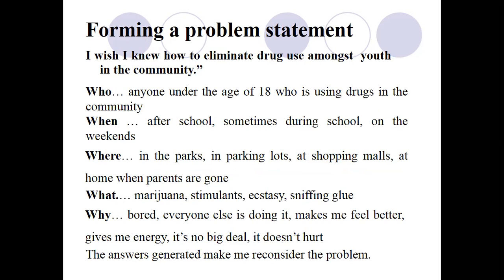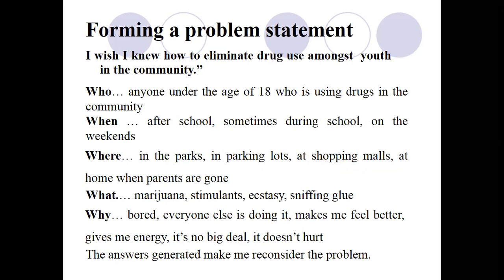Forming a problem statement, how we can generate it with the help of the 5 W's: who, anyone under the age of 18 who is using drugs in the community. When and where they will use the drug: in schools, in colleges, and at home on weekends. And where: in the parking lots, shopping malls.